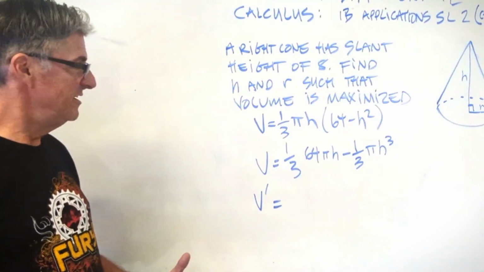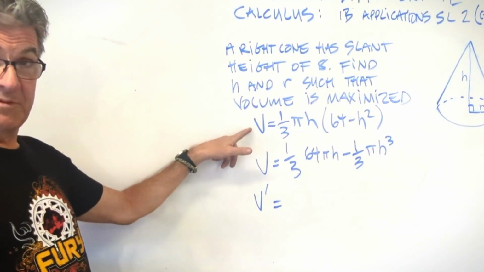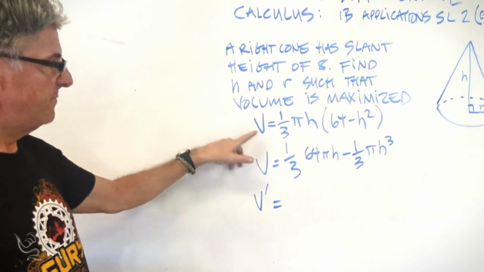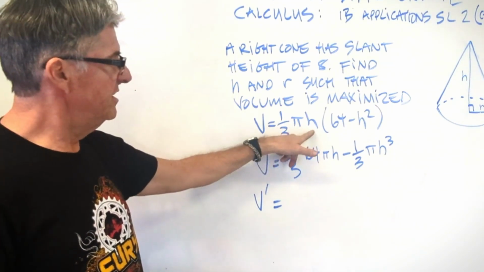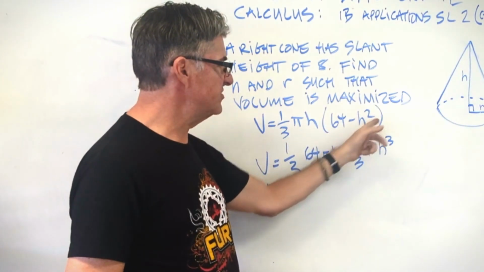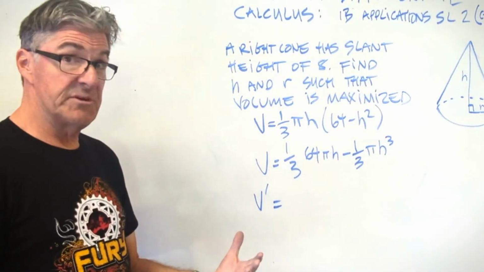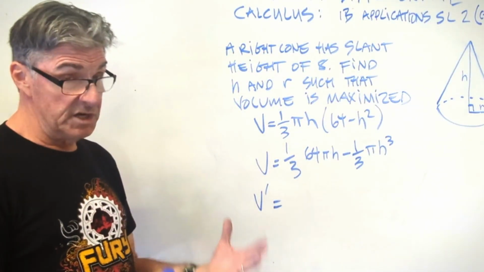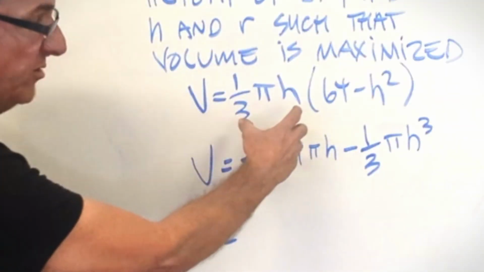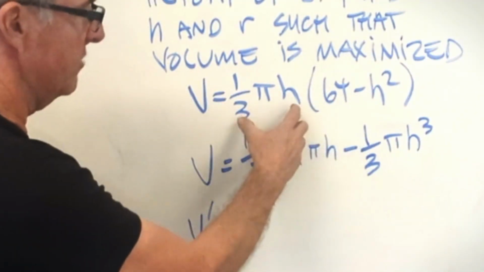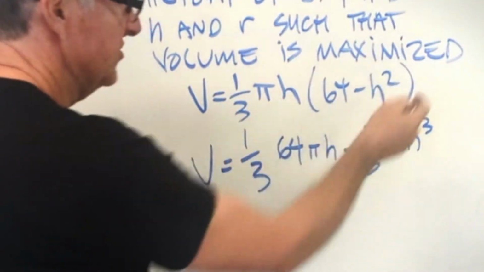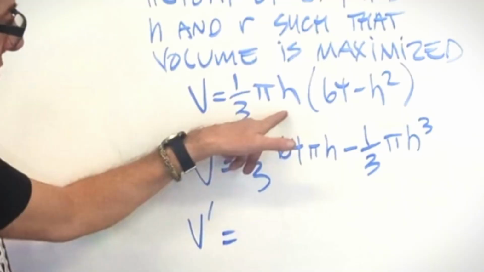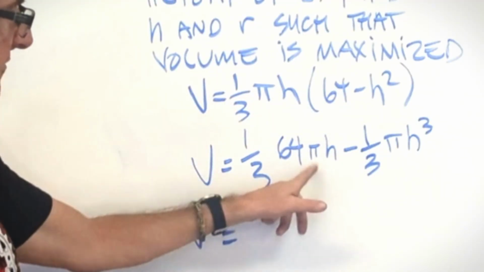All right, here we go. So I brought this up from the last board here, and basically we have 1/3 pi h times 64 minus h squared. So this is just a straight up distributive property. You have to keep track of all your terms, but that's all we're doing. We're going to multiply 1/3 pi h times 64 and 1/3 pi h times negative h squared. So this one times 64 is just 1/3 64 pi h.